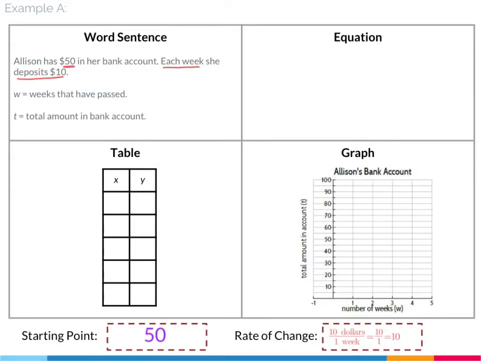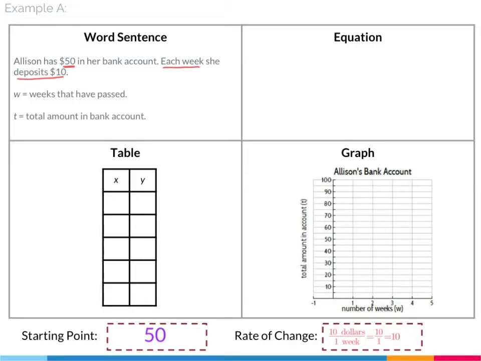So we've got $10 on the top over 1 week. That then simplifies to 10 over 1 or just equals 10. So our rate of change in this case is 10 over 1 or $10 every week, which then simplifies down to 10.